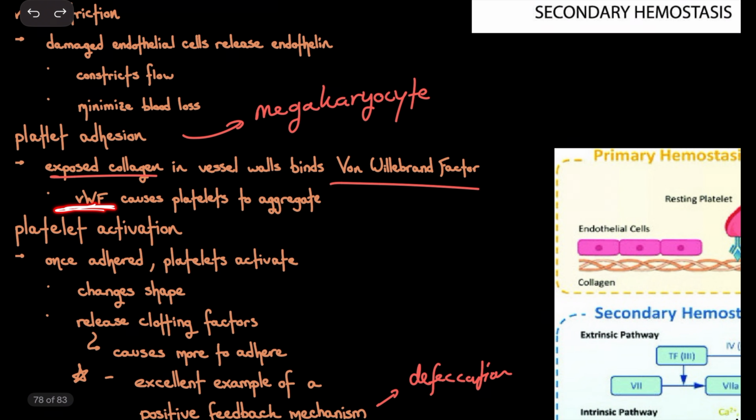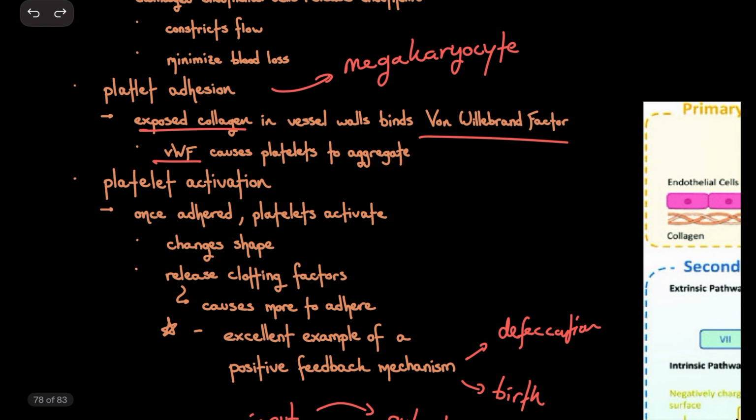So von Willebrand factor is hanging off that collagen, the platelet binds to it, and that is going to cause a cascade of events. Once the platelet binds VWF, it's activated. It's go time, right? It sees the collagen and knows that I shouldn't be seeing the pipes behind my wall. That means something's wrong.